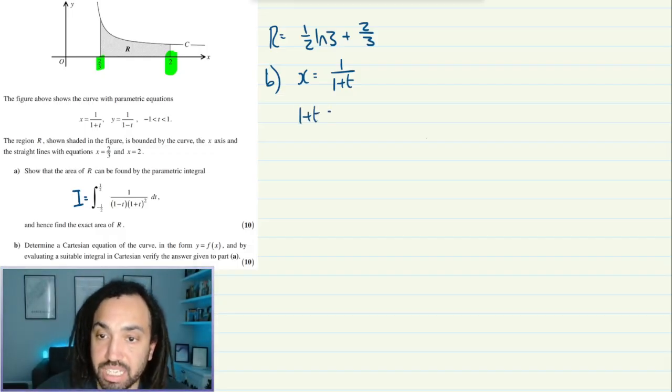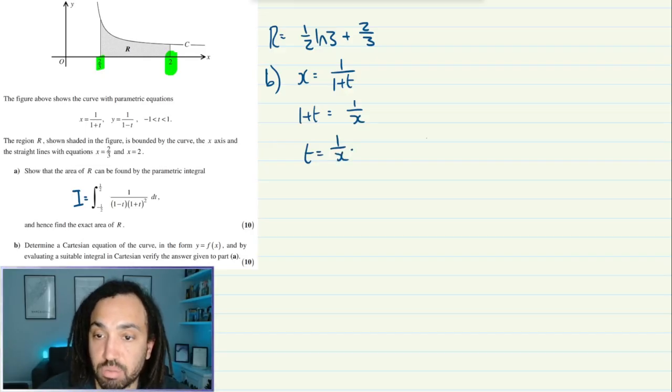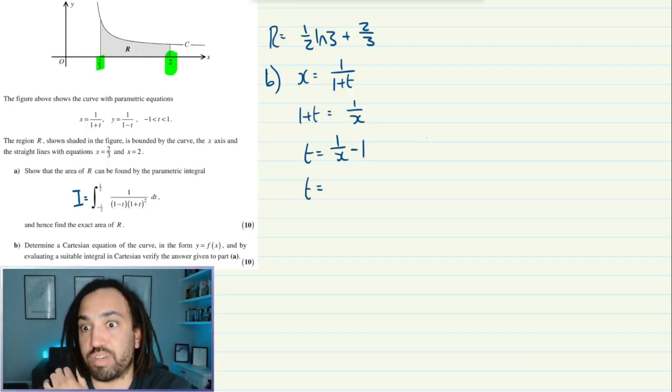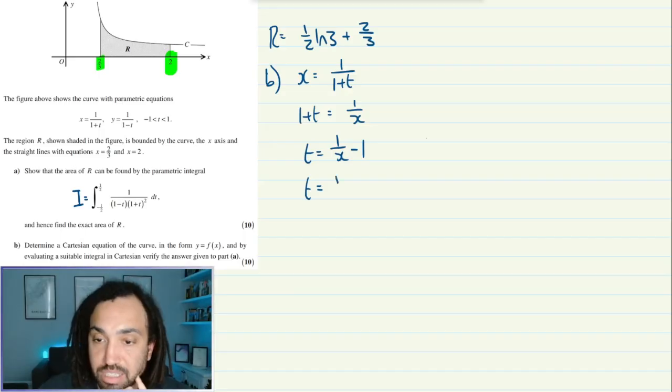So 1 plus t is equal to 1 over x. And then I'm just going to subtract 1 like that. And then, generally speaking, I like to keep it as a single fraction. So that is the same as 1 over x minus x over x, which is the same as 1 minus x over x.